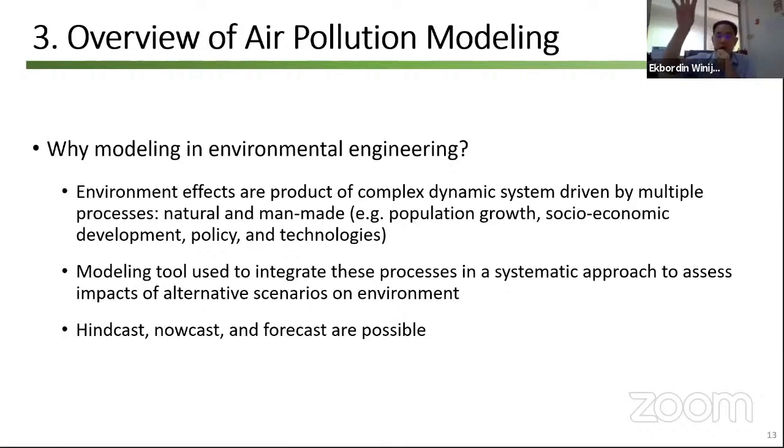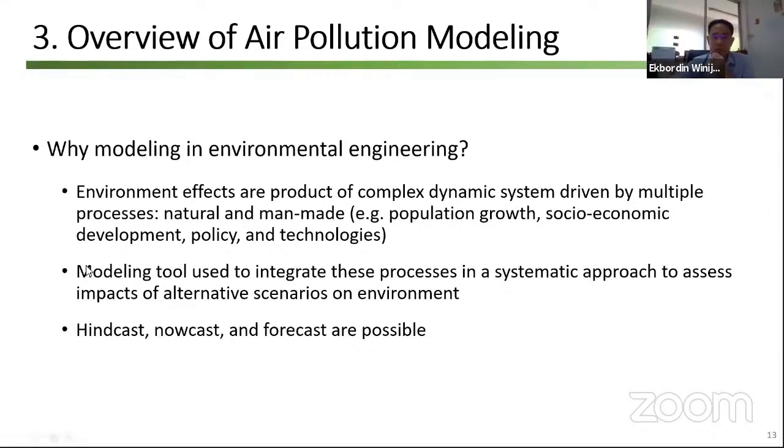But when we want to model those pollutants, whether it moves from one place to another place, whether it deposits on the ground or something like that, it's not only that we need to model those particular pollutants. It has some chemistry that makes a reaction in the atmosphere, and also there are wind or pressure or maybe humidity in the atmosphere that also impact that particular pollutant. So that is very complex.